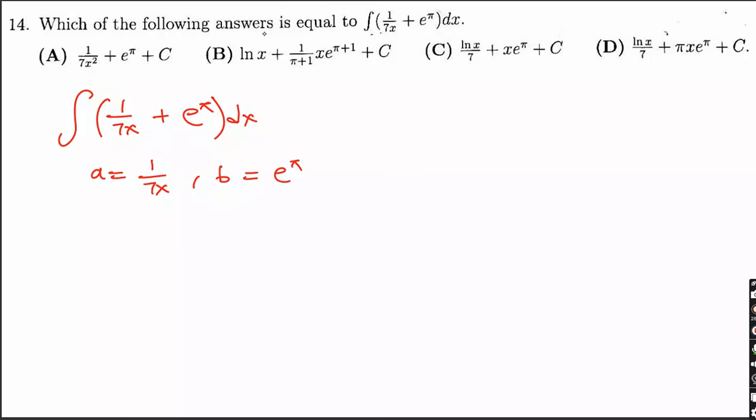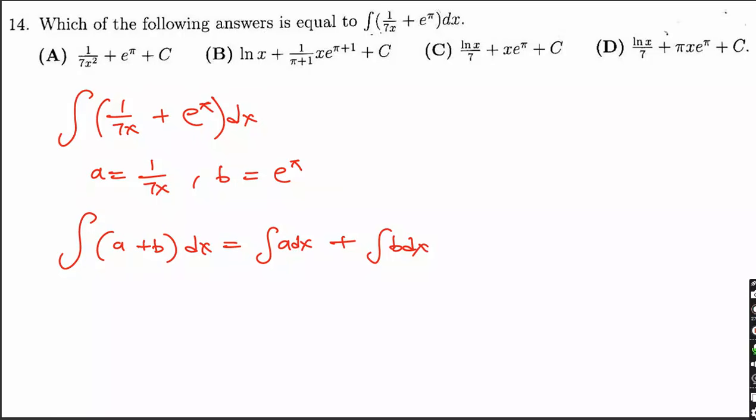So if you are integrating two functions, we just use a simple rule, not even an identity. If you are integrating a plus b, you can just integrate separately: the integral of a dx plus the integral of b dx.